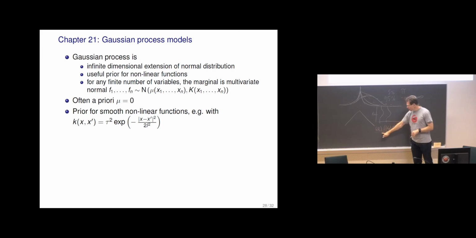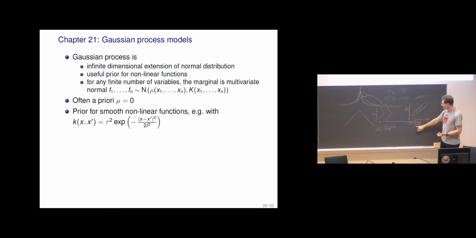But then we can look also jointly. So we have f(x1), f(x2), and now we can make it more interesting if we say that there's some correlation between these, so that if the function value at x1 is high, then the function value at x2 is also high.